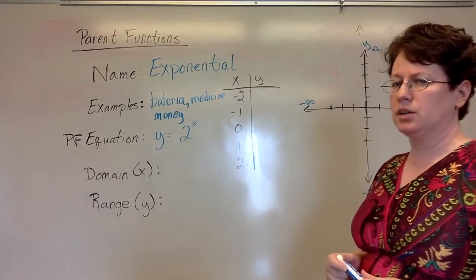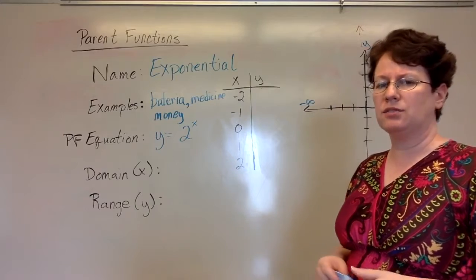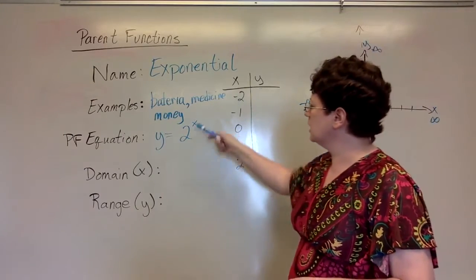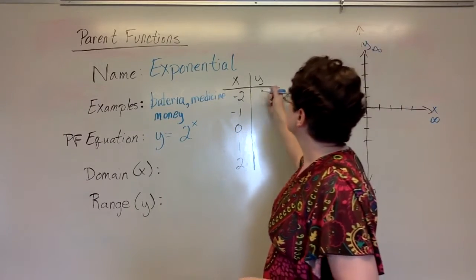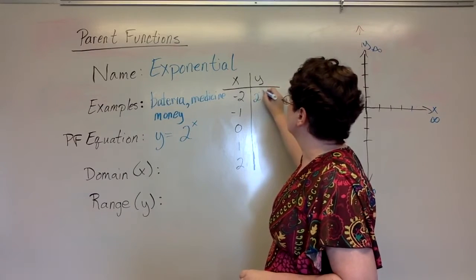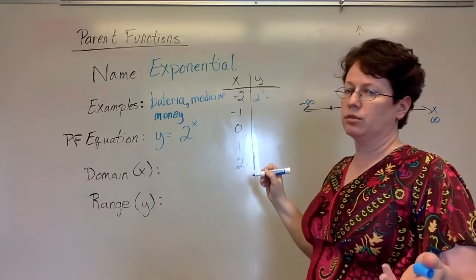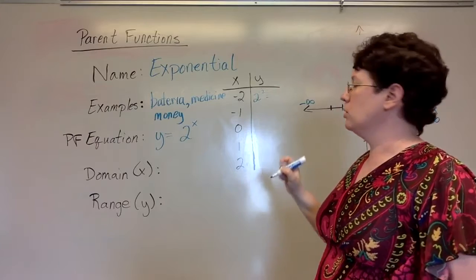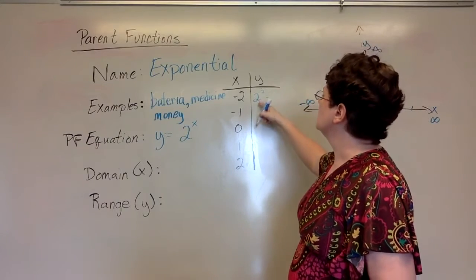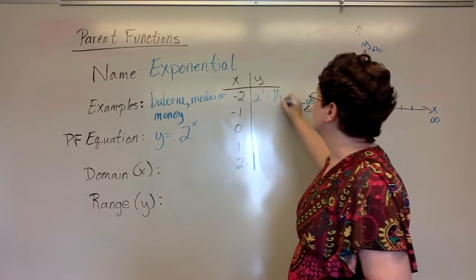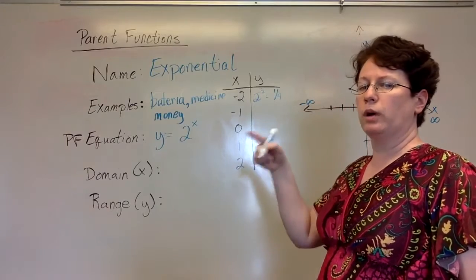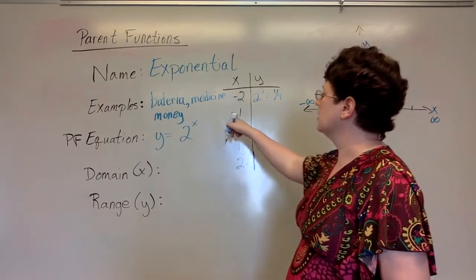So we may be sitting here thinking, how do you take a -2 power? When I plug it in, I got to plug in a -2, right? So you can use your calculator or you can take my word for it because you may not remember negative exponent moves it to the bottom. So it's actually 1/4. Okay, we're going to square the 2 and put it on the denominator.